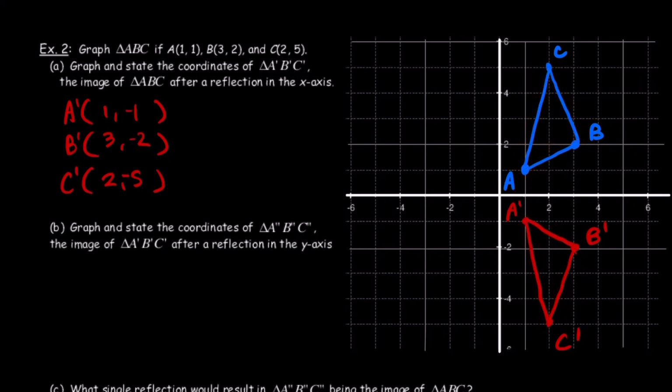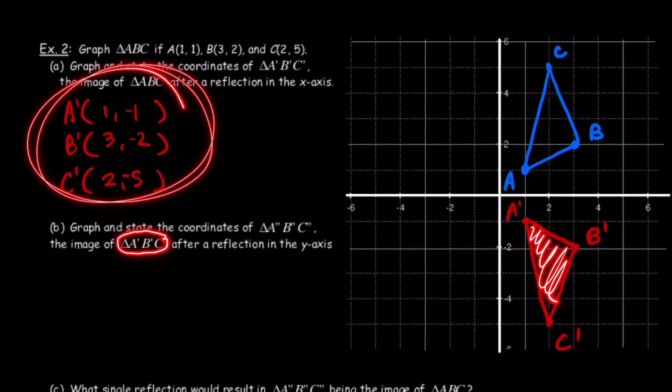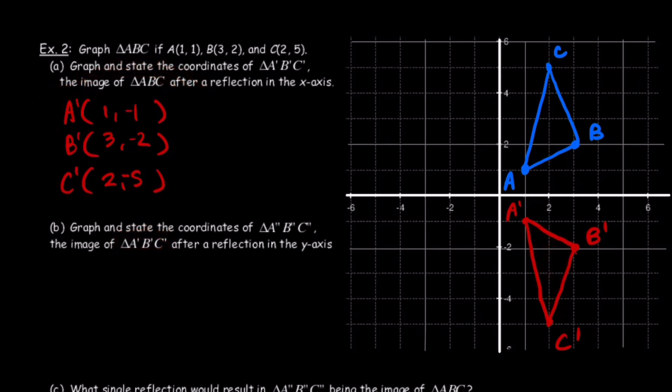Okay, next. Graph and state the coordinates of triangle A double prime, B double prime, C double prime, which is the image of A prime, B prime, C prime. So I'm using this triangle, these coordinates. I'm taking those, I'm reflecting in the y-axis. Well, reflecting in the y-axis means we negate x.